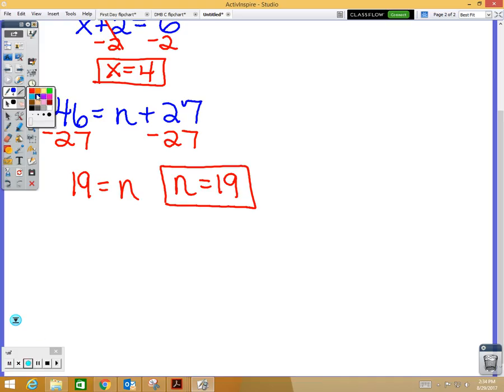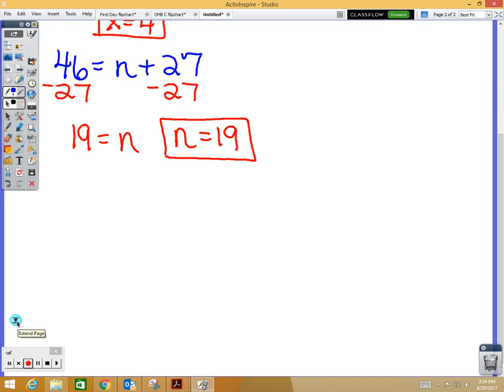All right. What if we had q minus 11 equals negative 9? So this one got more challenging because we have integers, negative numbers. Whenever we have negative numbers, we really have to be careful of what we're doing. So what's my inverse operation going to be?